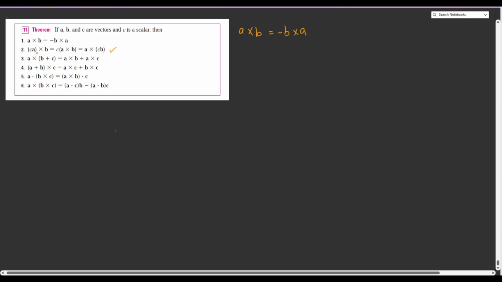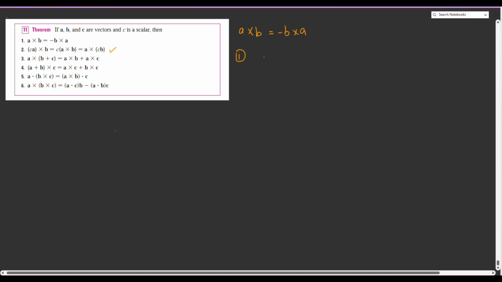If a vector A is multiplied with a number C, you can bring this number C outside the bracket and just take the product of C with A cross B. You don't have to do the other calculations.